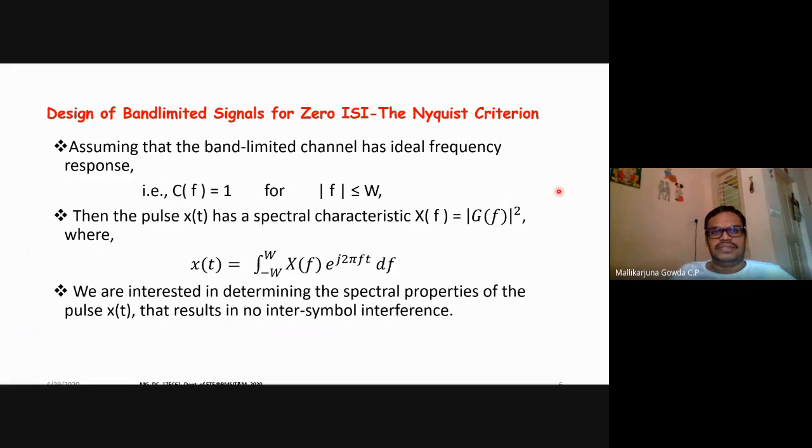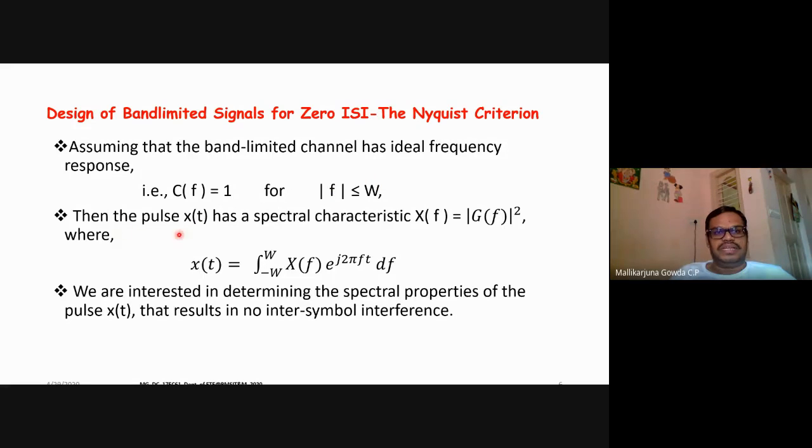As I said, I am assuming the band limited channel has ideal frequency response, that is C of f will be equal to 1 when f is less than or equal to W. So whatever I discussed in the first class of this module, that frequency response C of f, the same thing, right? It is a rectangular pulse which is constant and having a magnitude of 1 from minus W to W.